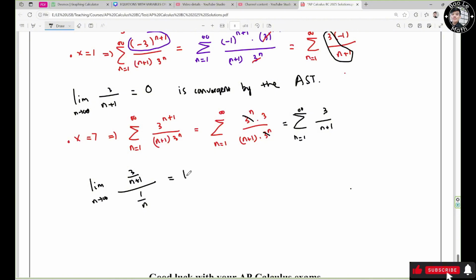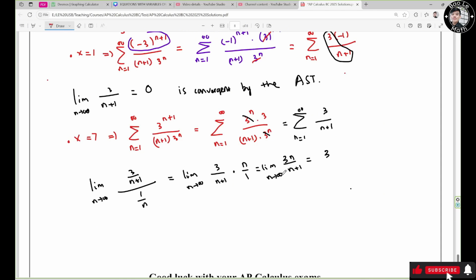So it's going to be the limit of 3 over n plus 1 multiplied by its reciprocal. So it could be n over 1, right? So it's going to be 3n over n plus 1, limit when n approaches infinity, right?